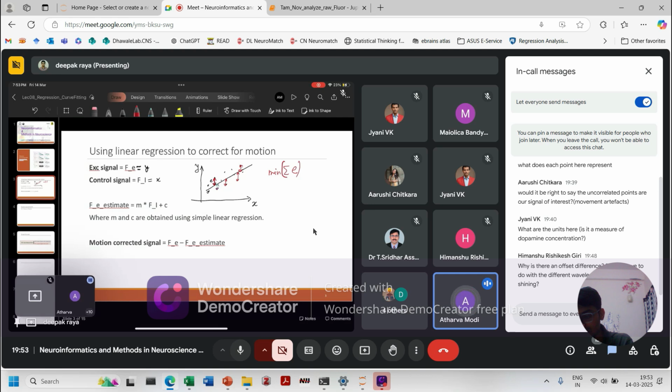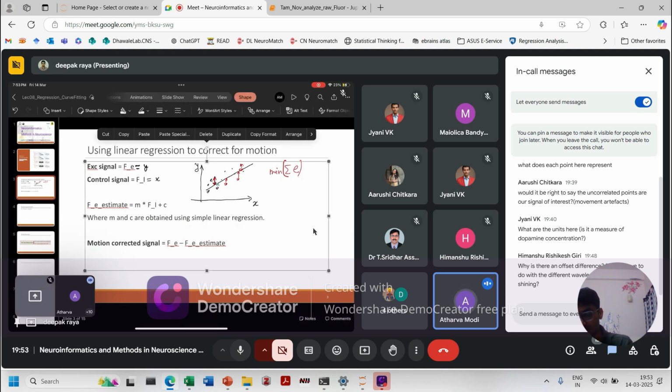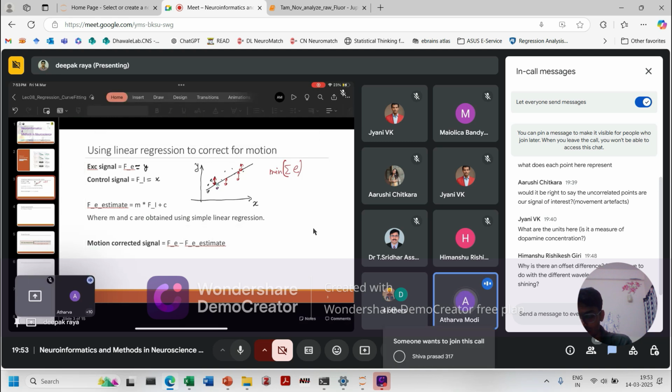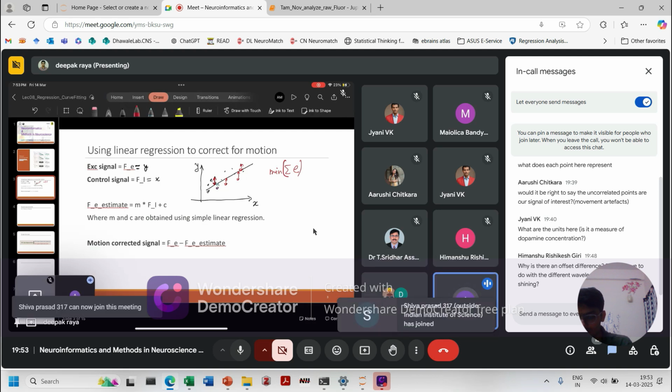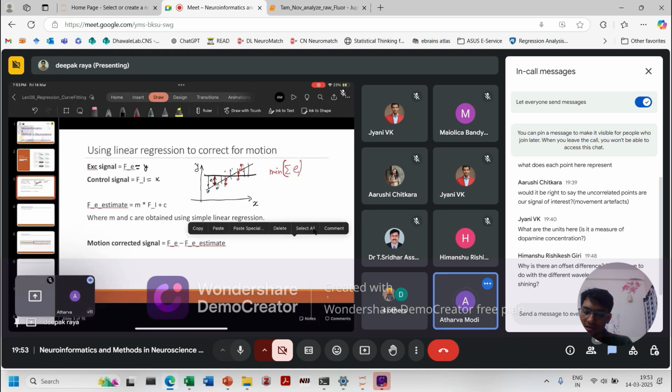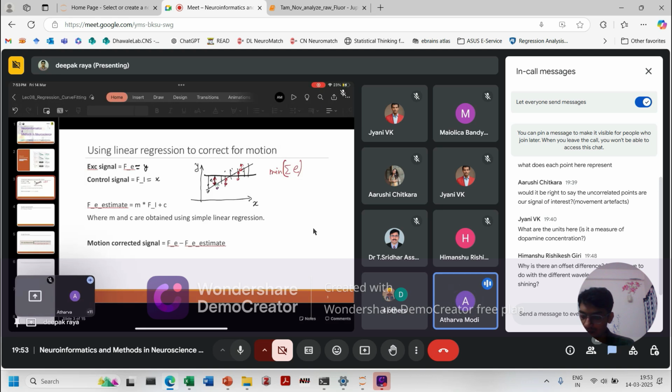But the error can be either positive or negative, so there can be many lines which achieve this. You can even draw a line like this, which will give you all negative errors here and all positive errors here, and that line will give you an error sum of 0. So this is not the criterion that we use in ordinary least squares.